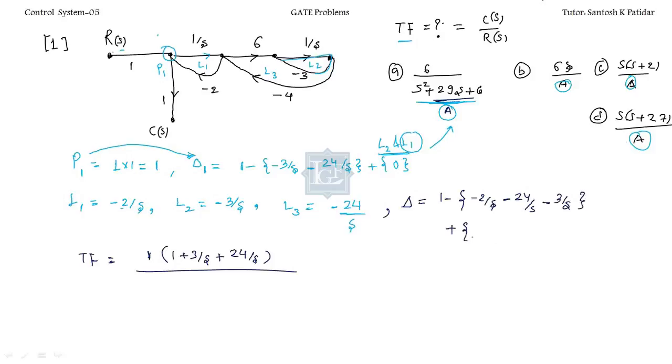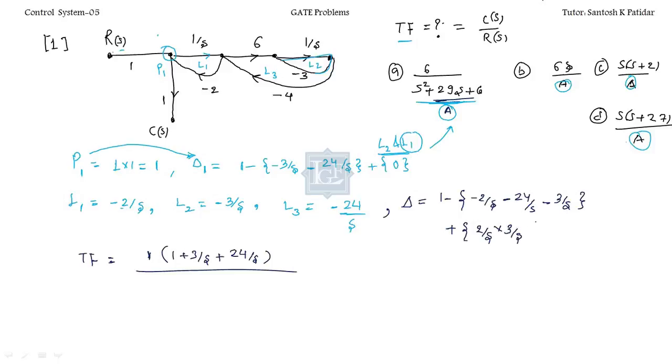Now plus the non-touching loop gains of L1 and L2. These are two non-touching loops. So it will be 2 by S times 3 by S, and minus minus becomes plus.